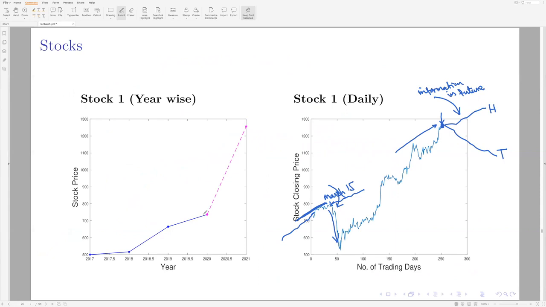If you go back to this chart, you are sitting here and this is your S naught, and you are asking what is the probability that it will touch this particular point or that particular point. This is your S u and this is your S d. If you take this interval or that interval, it is asking what is the probability that it takes this particular point in this interval or that particular point in that interval.